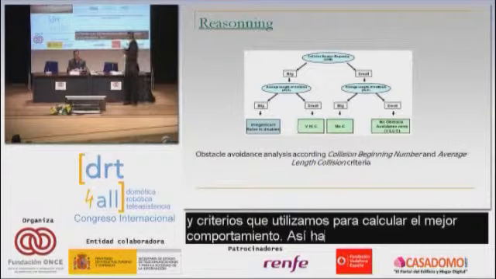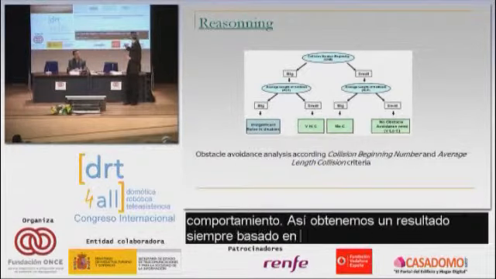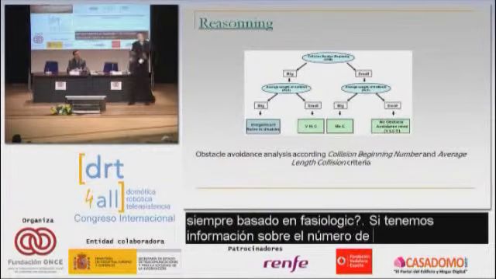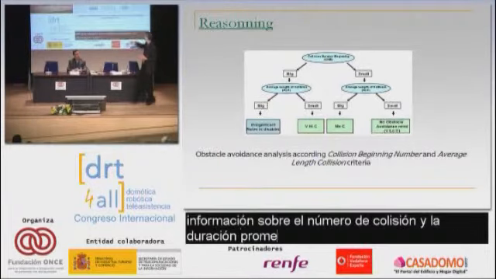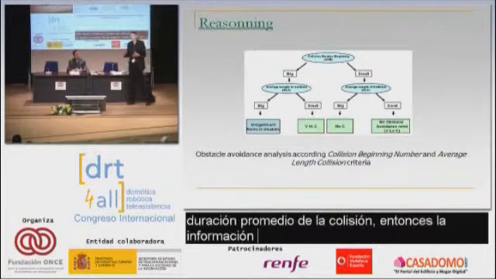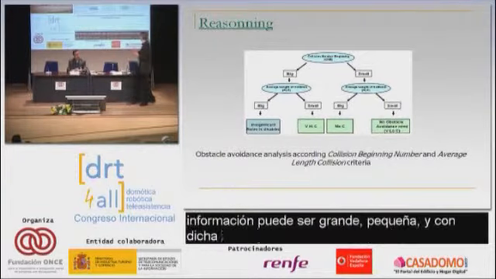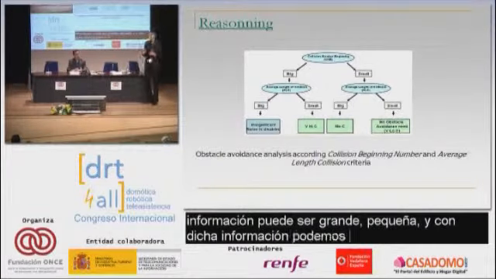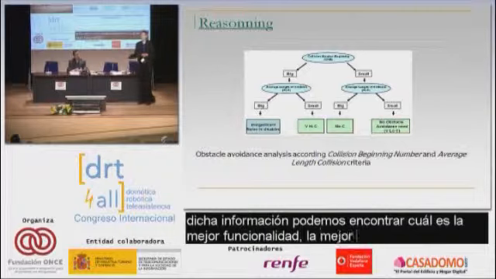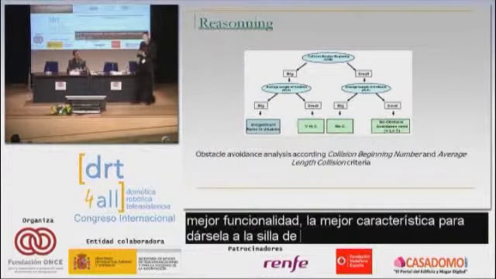For example, if you have some information about the number of collisions and the average length of collision, that information could be big or small, and with this information we can find what is the best function, the best characteristic to give to the wheelchair in order to cope with the difficulties and the capabilities of the person on the wheelchair.